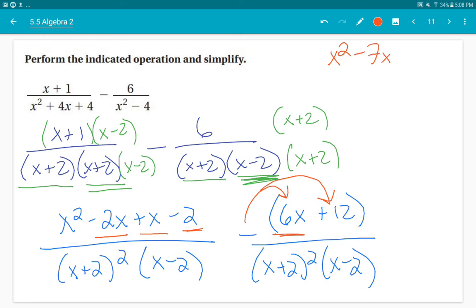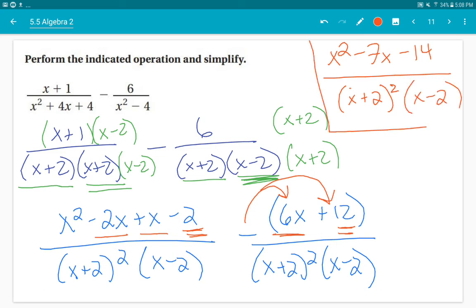Then I have a negative 2 and a negative 12 because I have to distribute that. That's going to give me negative 14 over x plus 2 to the second and x minus 2.